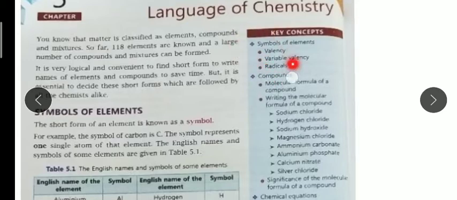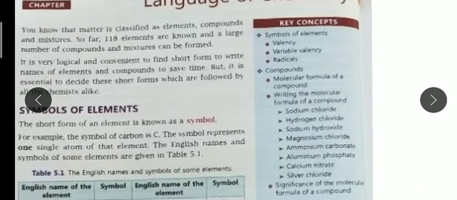All these I have covered in the last chapter, and compounds also. How to make compounds, what are the compounds, molecular formula. So today I am going to give an idea again about the compounds, the molecular formula of the compounds, and writing the molecule and how to write the formula of a compound.